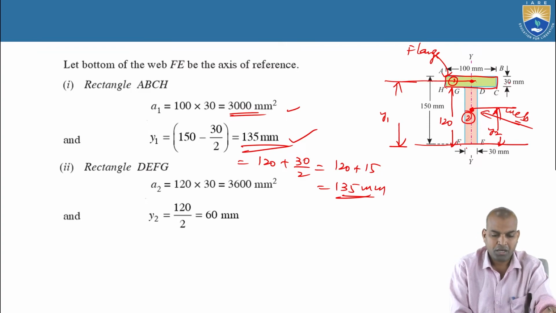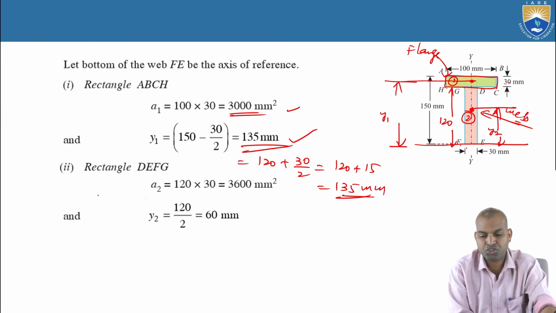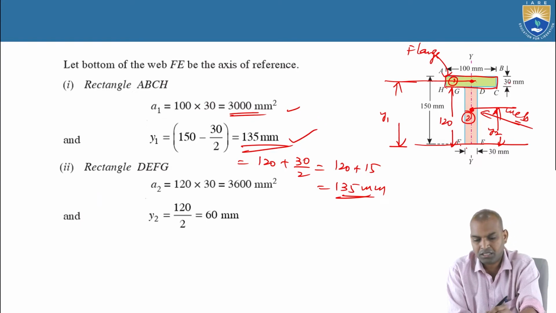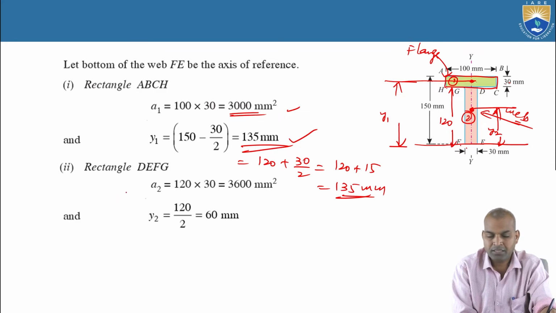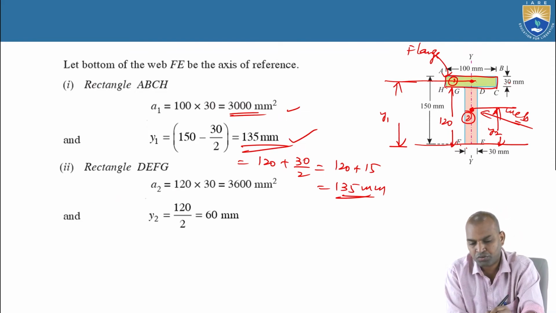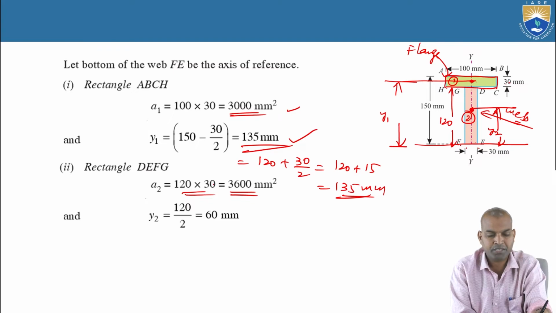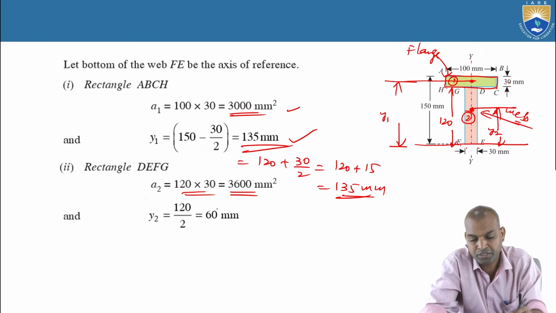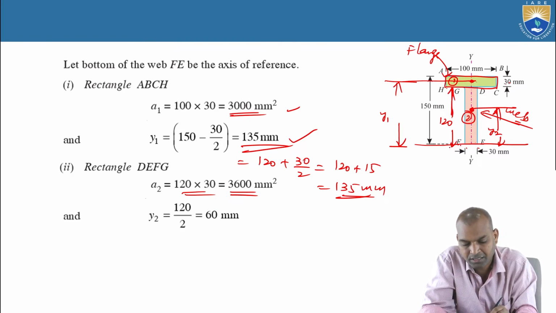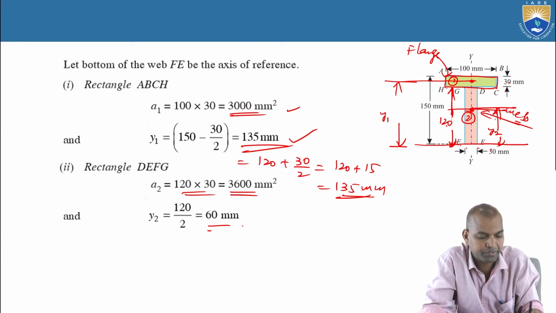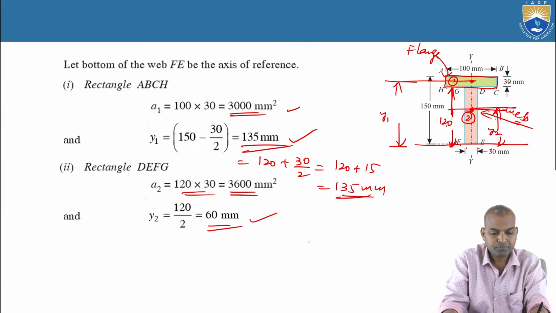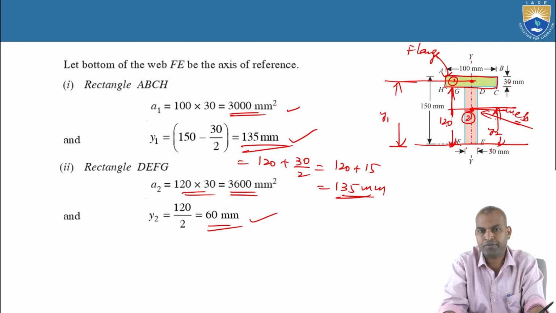Next, the other rectangle is DEFG, which is A2: length 120 and width 30, 120 times 30, that is 3600 square millimeters. Y2 equals 120 by 2, because the rectangle's length is 120 and the centroid distance to the reference axis is 120 by 2, that is 60 millimeters. We now know A1, A2, Y1, Y2.